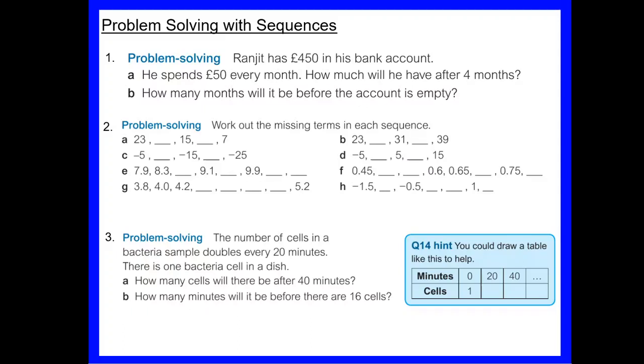So again, we've just looked at how to find those by finding how one term moves to another, or if there's a gap, then we find half the distance. And problem 3 is using it to help with the science experiment. So it's given you a hint there that you might want to draw a table to help you if you feel that you need to. Okay, pause the video, have a go with those.